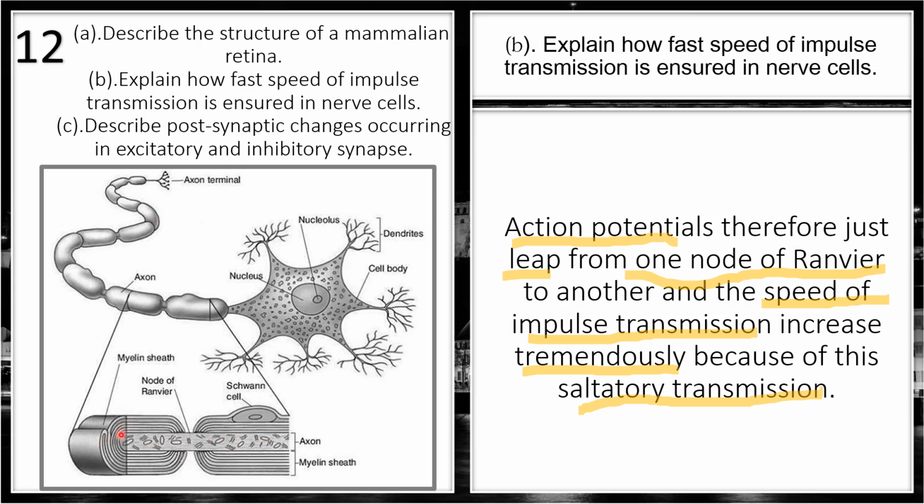It is going to just jump from one node of Ranvier to another like that. It will keep on jumping, and therefore the impulse speed will be tremendous. That jumping from one node of Ranvier to another is what we call saltatory transmission of the impulse. It increases the speed of transmission.